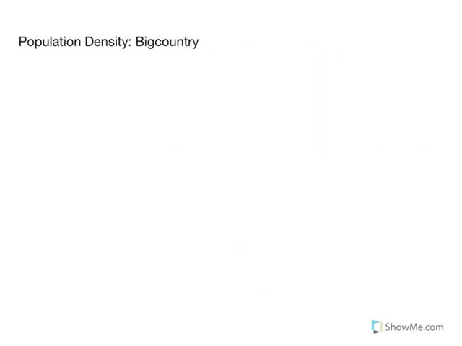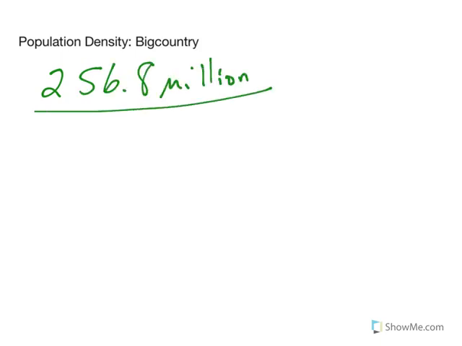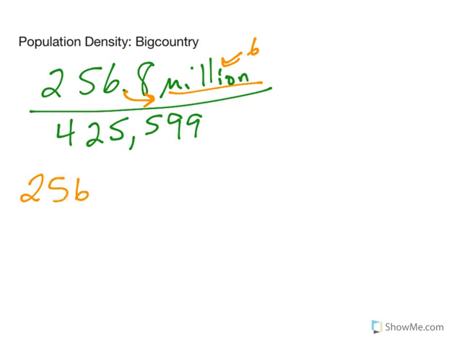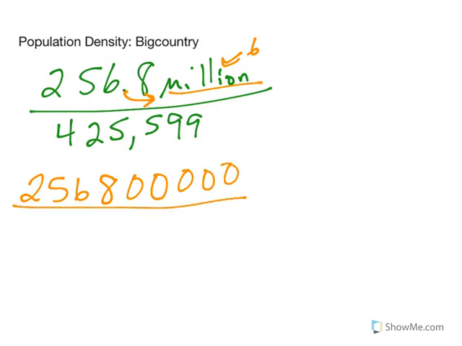Okay, let's go to Big Country. Big Country has a population of 256.8 million and a square area of 425,599. So again, million means take this decimal and move it right 6 places. So 256, then my 8 is the first decimal place, then 5 zeros, divided by my 425,599.